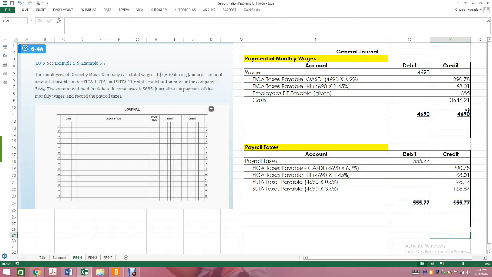The top portion is the entry for your wages, how much was earned, and the deductions for the employees. Then the bottom is, what is the employer's responsibility? Well, they're responsible to pay payroll taxes that include OASDI, HI, FUTA, and SUTA. So these are the entries that would have to happen to identify the payment of monthly wages and payroll taxes.